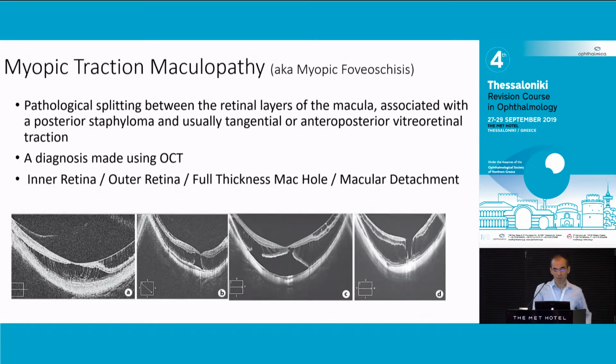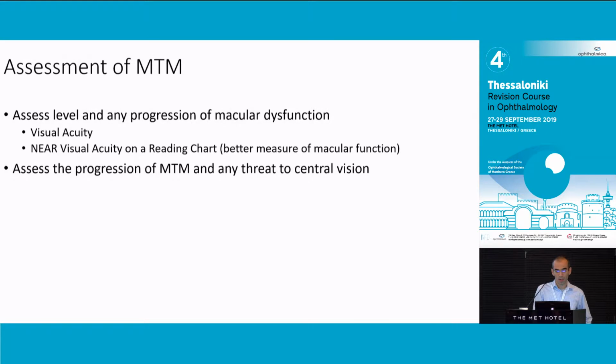It's a diagnosis made with the OCT, and when you assess these patients, you really assess for any evidence of progression. Macular dysfunction progression is the most important thing. Apart from visual acuity, it's a good thing to assess near vision on a reading chart, because someone may have progressive symptoms, the visual acuity may be the same, but if you try and get them to read N5 or N6, they might not be able to do it.